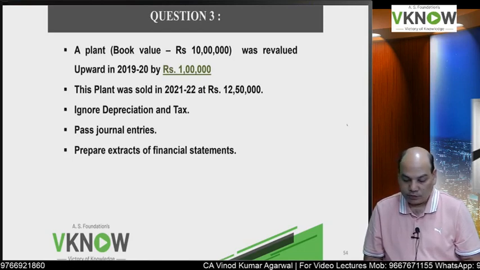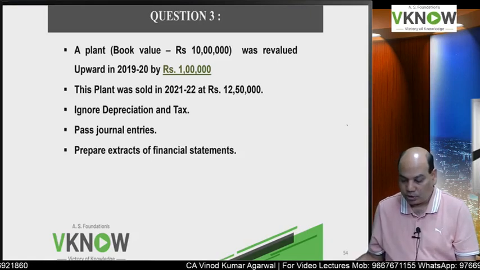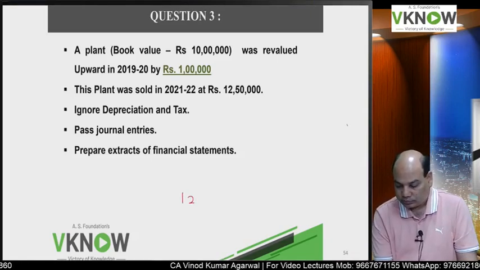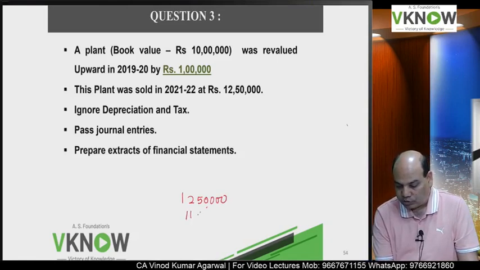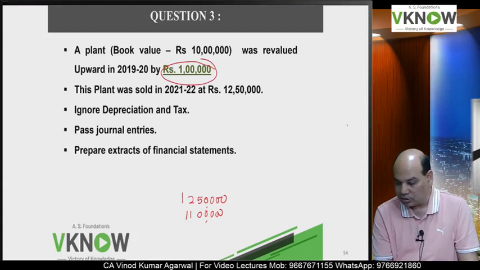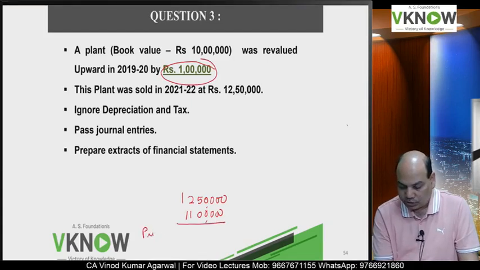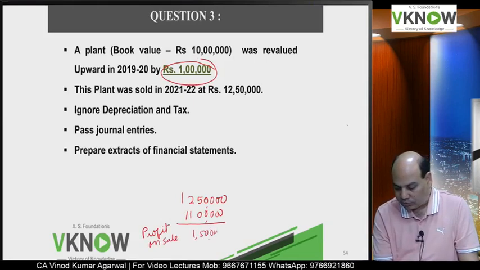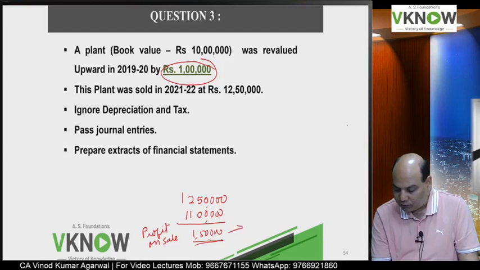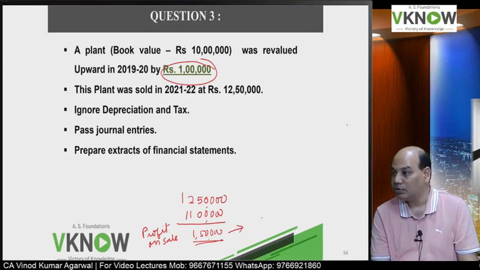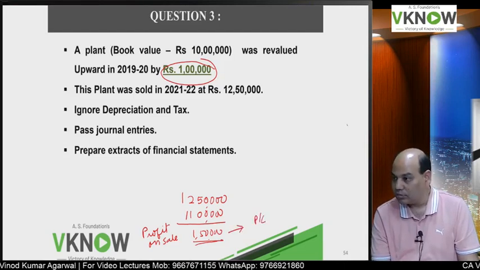But this plant was sold in 2021-22 at rupees 12,50,000. So how much profit you will make on sale? 12,50,000, but the book value is 11 lakh because you have already increased by 1 lakh. So 1,50,000 is profit on sale. This 1,50,000 profit on sale will go to P&L account.